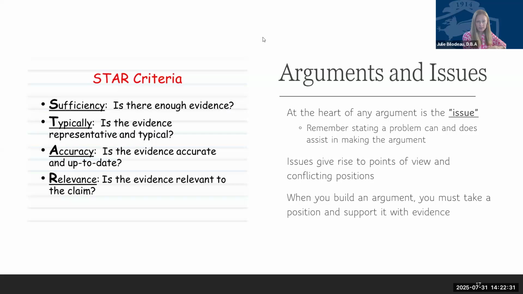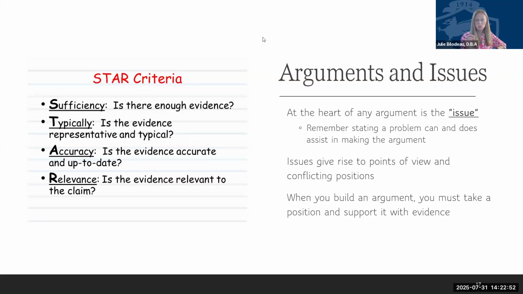So we have the STAR criteria here, which is sufficiency, and then, is there enough evidence, which we keep talking about? Typically, is the evidence representative and typical? So this goes back to that generalizability. And then accuracy, is the evidence accurate and up to date? I'm going to circle back to typically for a second.